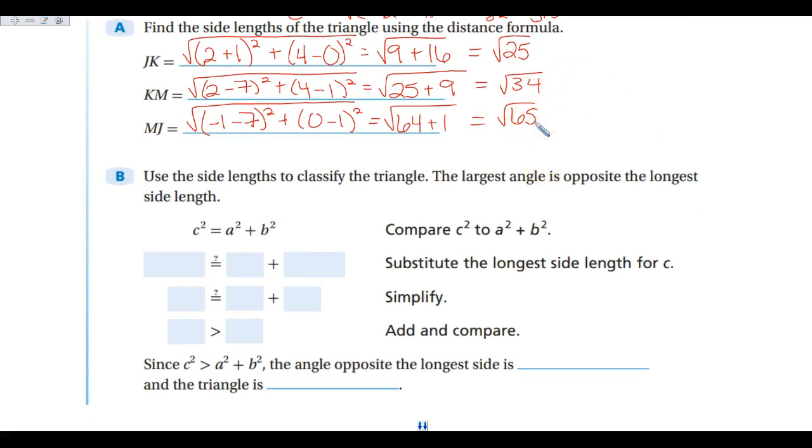So I am going to compare these. I'm going to take c squared and compare it to a squared plus b squared. Now, one of the things that I usually do is, because I don't know what symbol I'm going to end up with, I usually just put a big black box on top of these, because we don't know where we're going to go.